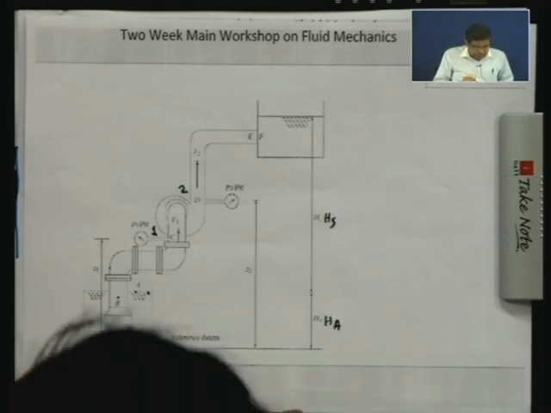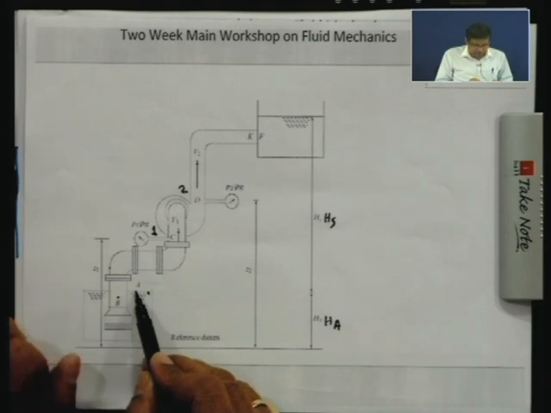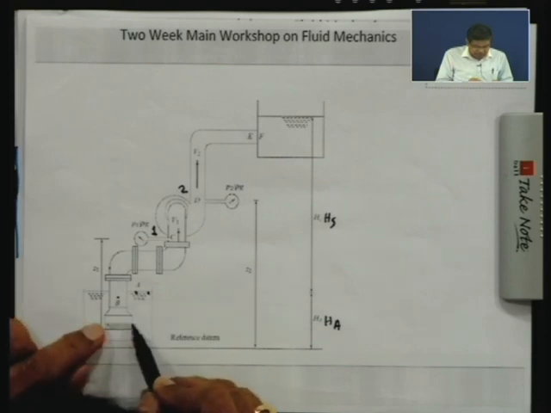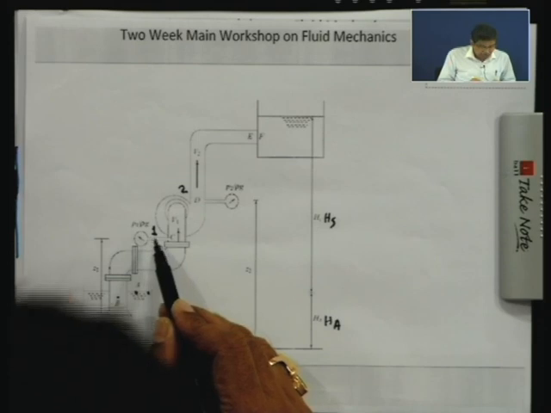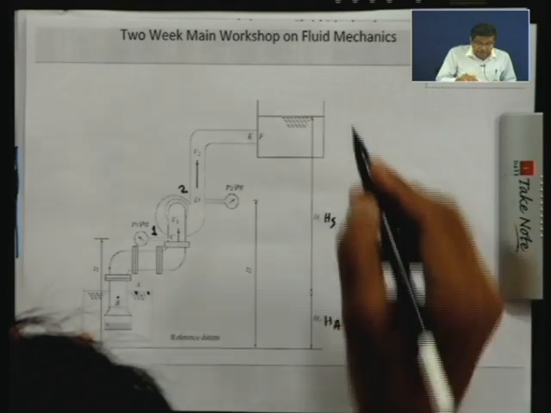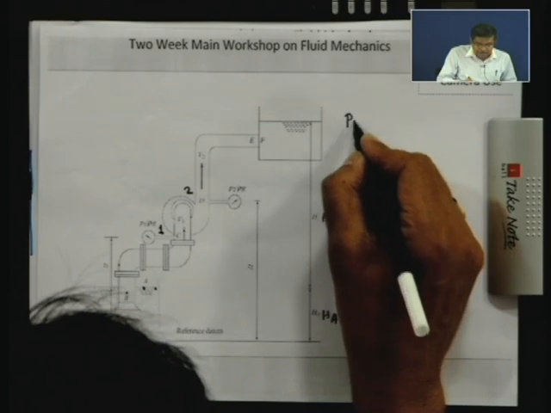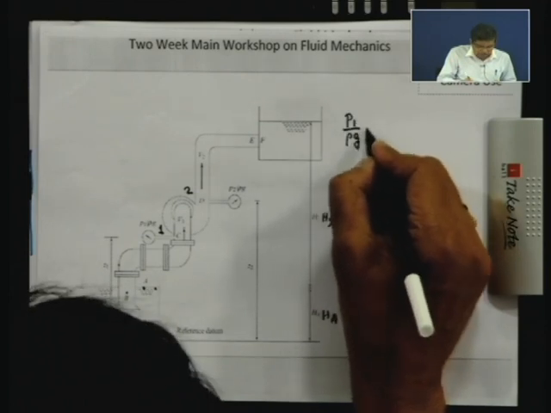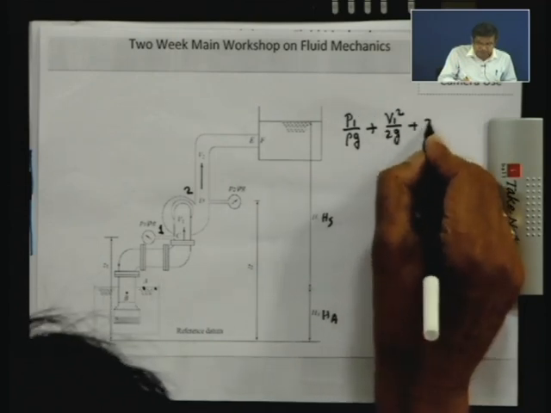In this diagram the water at the free surface of this reservoir flows to this pipe, where there is a strainer. B is a point inside the pipe almost at the same level as A, then it goes to the pump at the inlet. At the inlet, the head in the pump comprises the pressure P1 by rho g plus V1 square by 2g plus Z1.